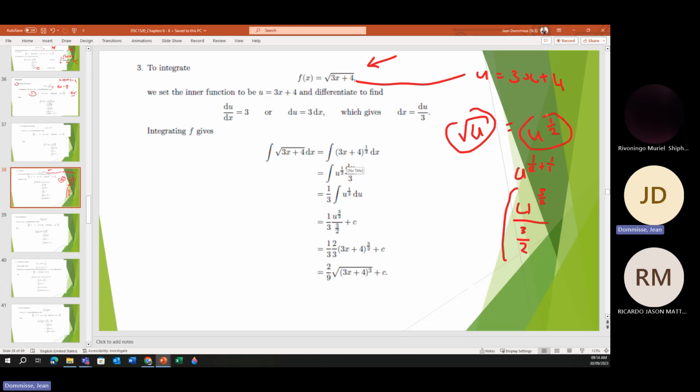But it's easy to know where to go if you have something to the power of a half. So just things like that, very important to note. Again, if it was to the power of 3, it would have been something like 1 over 3. So just remember those small things that really make a big difference in how we calculate some of these questions and answers.